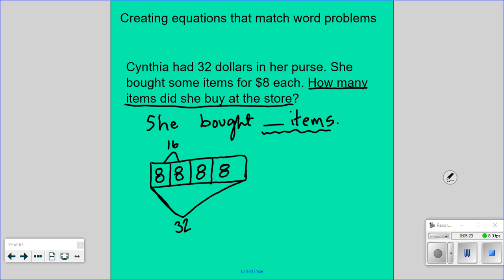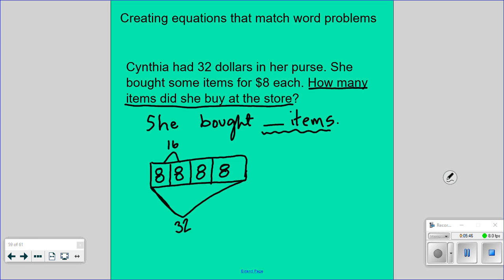None of this is what I am asking. I want to know what equation matches that work that we just did. Did I know the number of groups to start with? Did I know how many boxes to draw? No, we had to figure that out.